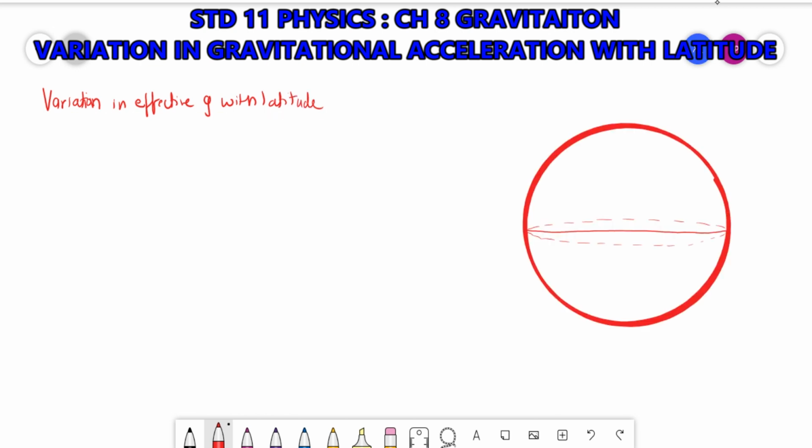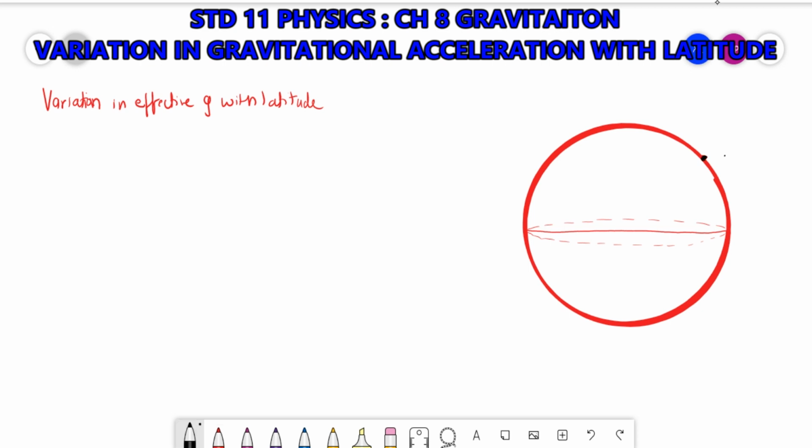Now let's consider this figure as Earth. Now consider a body of mass m at point P. I am taking a point P here.